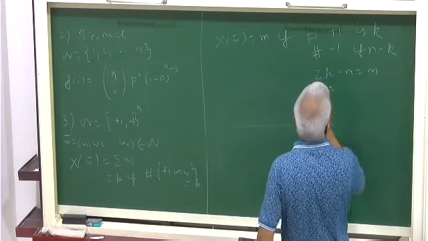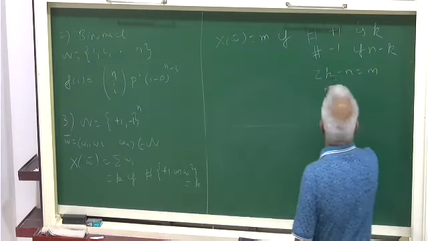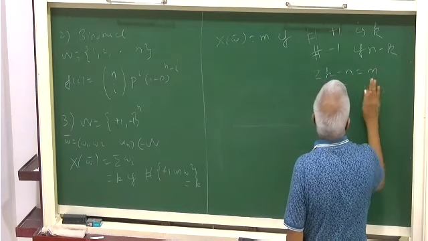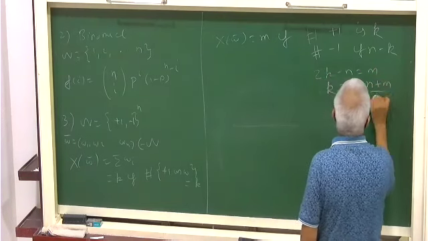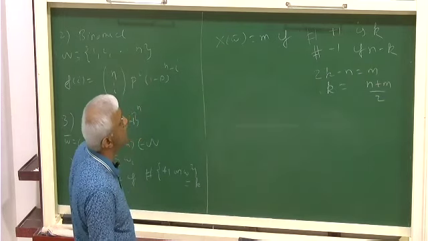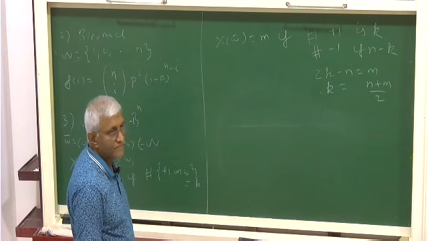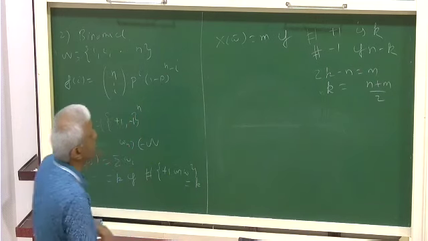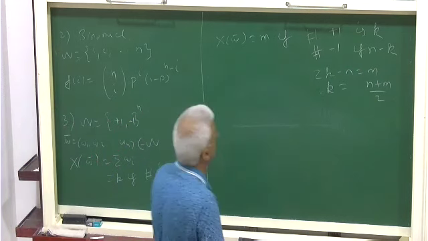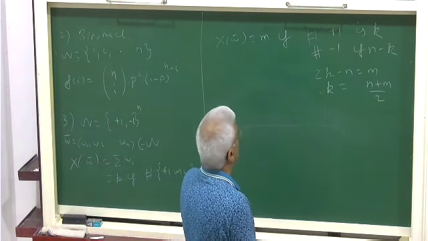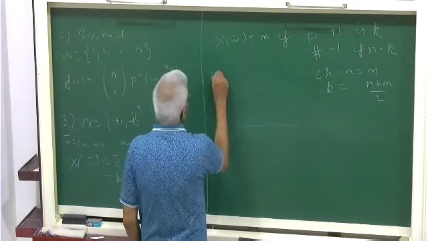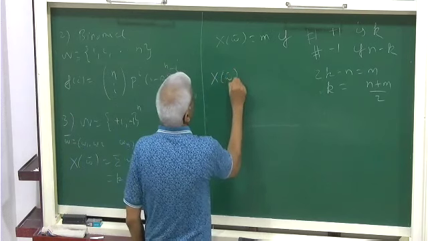So k should be (n plus m) by 2. Right. So X of omega bar equals m.